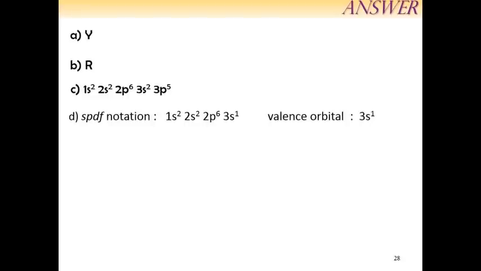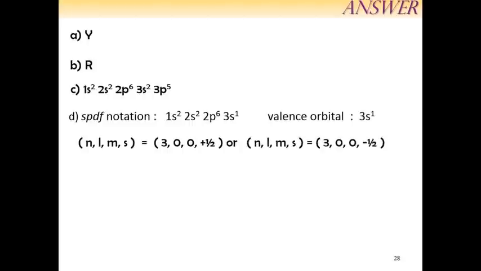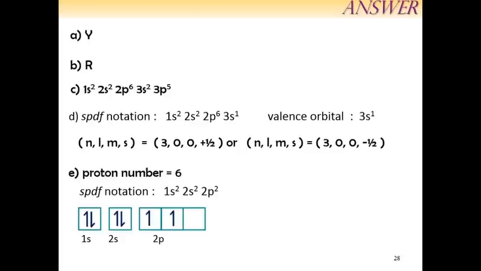For D, spdf notation 1s2, 2s2, 2p6, 3s1, valence orbital 3s1. The quantum numbers n, l, and s are 3, 0, plus half, or 3, 0, minus half. The bottom number is equal to 6. The spdf notation is 1s2, 2s2, 2p2, and the orbital diagram is given.